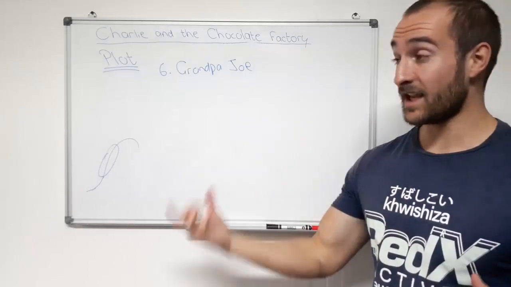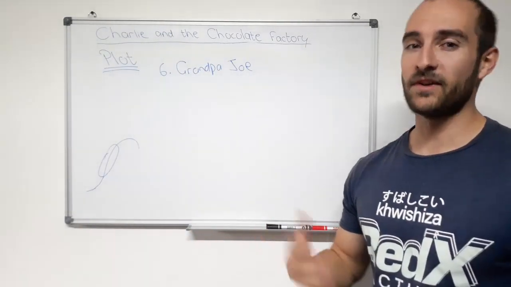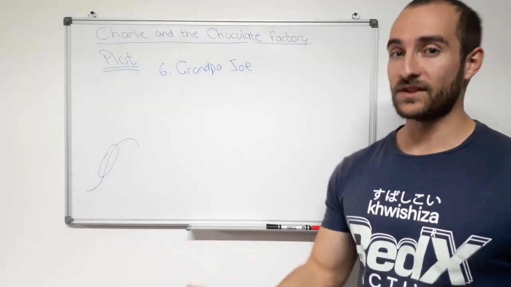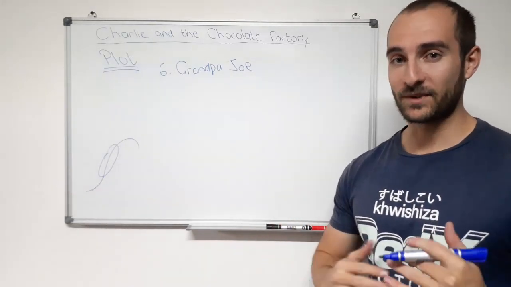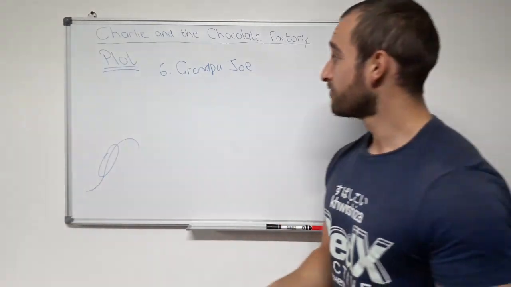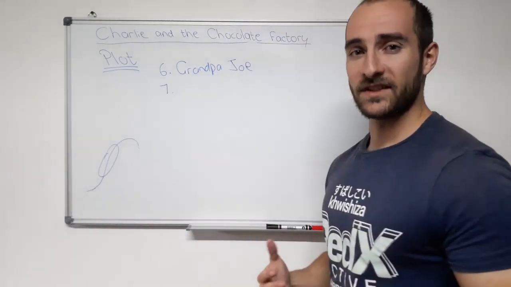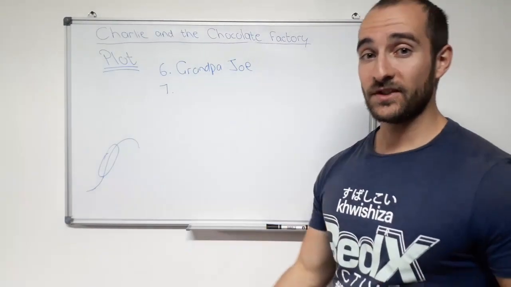He and Charlie attempt to get another chance at a golden ticket, but fail again. This also reinforces that Grandpa Joe is the person who keeps helping Charlie with this dream, keeps the dream alive.